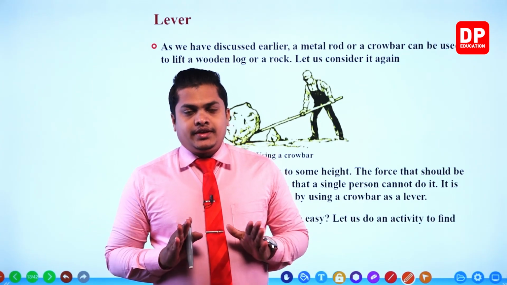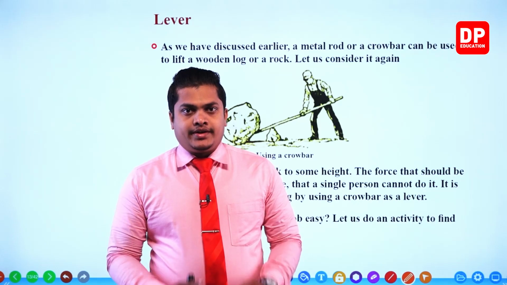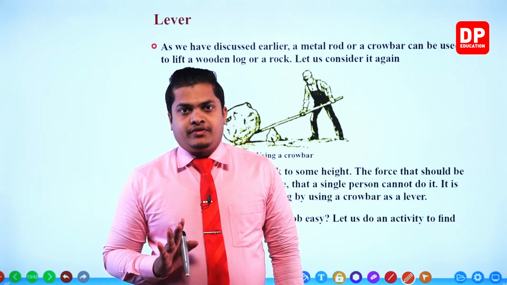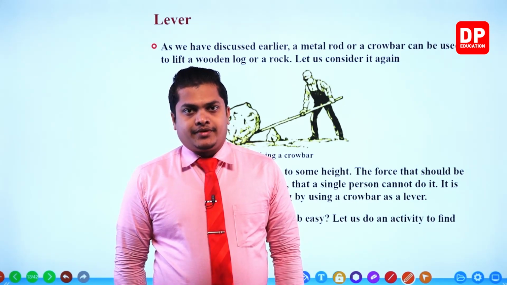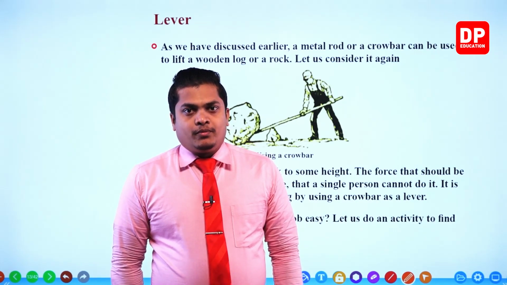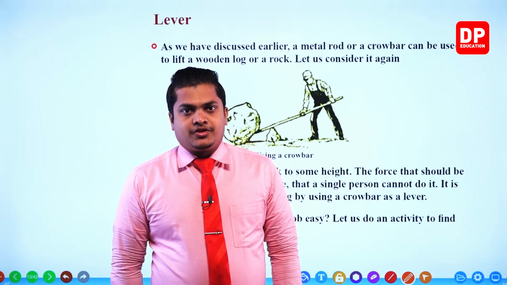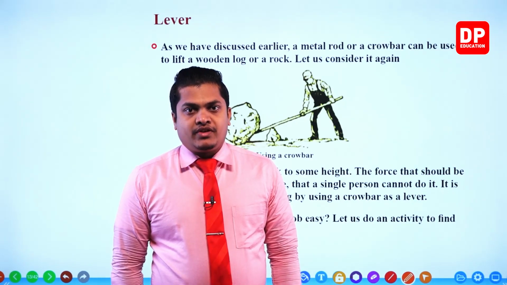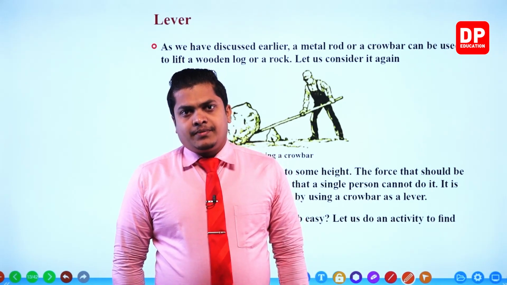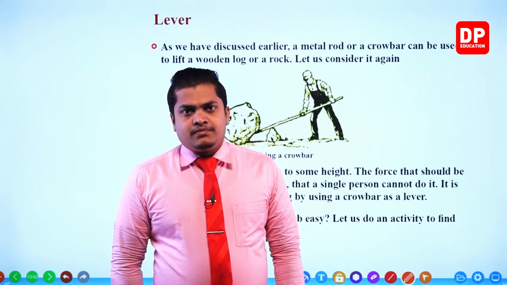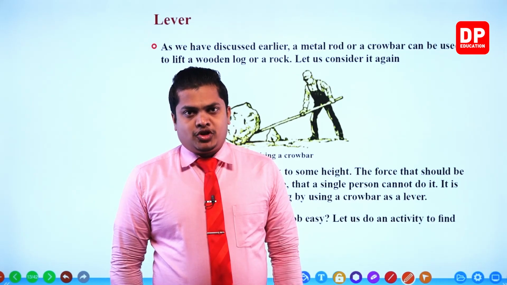So my dear children, in the earlier chapter, we got an idea about the simple machines and we discussed the main types of simple machines. We identified the four main types of simple machines as the lever, inclined plane, wheel and axle, and the pulley. Within this chapter, we'll be discussing the first main type of simple machine, which is the lever.